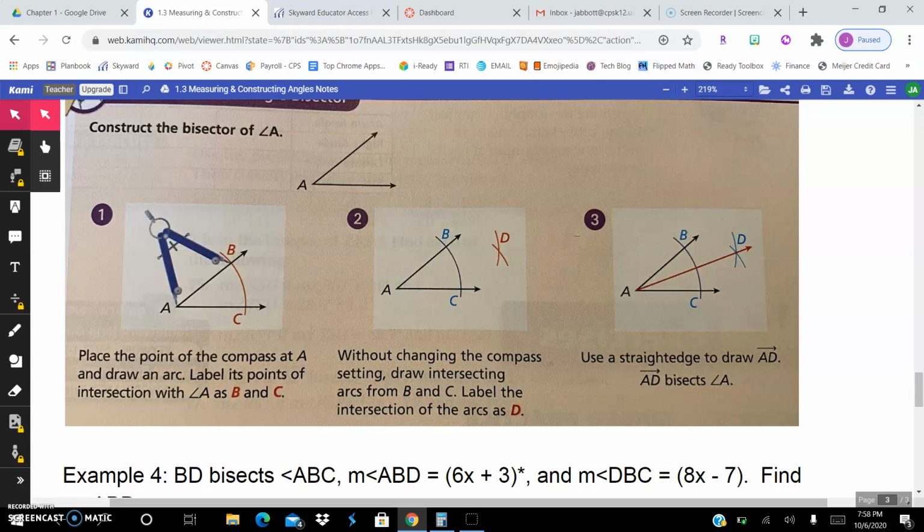Label its points of intersection with angle A as B and C. Without changing the compass setting, so you're not going to open or close it any farther, you're going to draw intersecting arcs from B and C. So you're going to put the point of the compass on C and draw an arc out there, and then do the same thing, put the compass point on B and draw an arc out there, and make sure you extend them enough that they cross. You're going to label that intersection as point D, and then you're going to use a straight edge to draw a line from point A out through that point D, and that would be your perfect bisector.